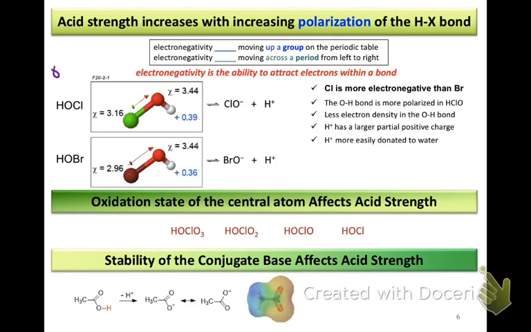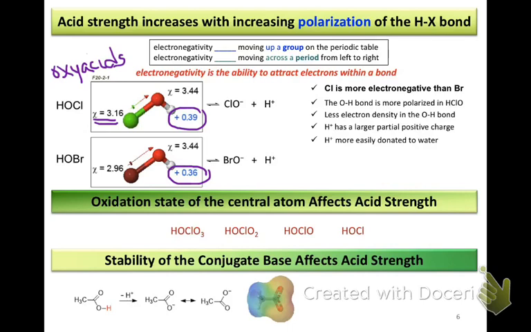So these are oxyacids. They're not binary acids. And oxygen is very electronegative, more so than chlorine or bromine is going to be. In the HOCl case, it's got a higher positive charge. This blue number is the amount of positive charge that's on that white hydrogen atom there. You can see the electronegativity differences, chi, in here, 3.44 for oxygen, but chlorine is 3.16 versus 2.96 for bromine.